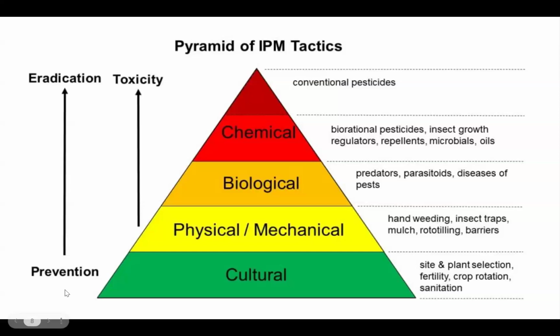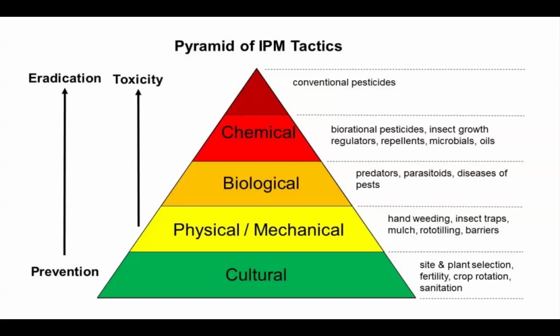I hear a lot of people saying, I hope it's just going to be better. Maybe it will be better. That's very unlikely. And so understanding this pyramid and starting to notice things before they reach the intolerable threshold can give us more options like cultural, physical, and biological tactics before we get to the chemical.